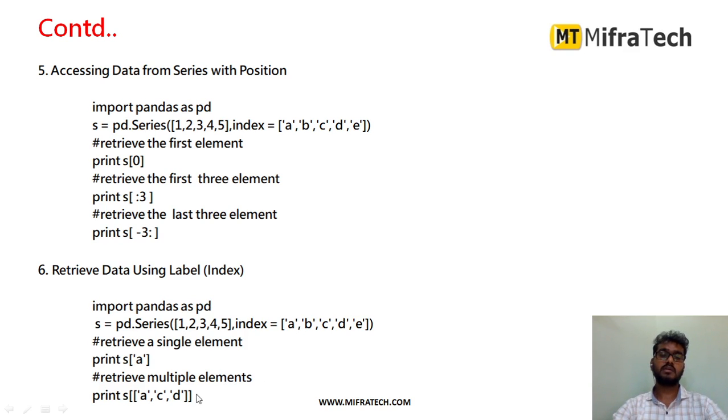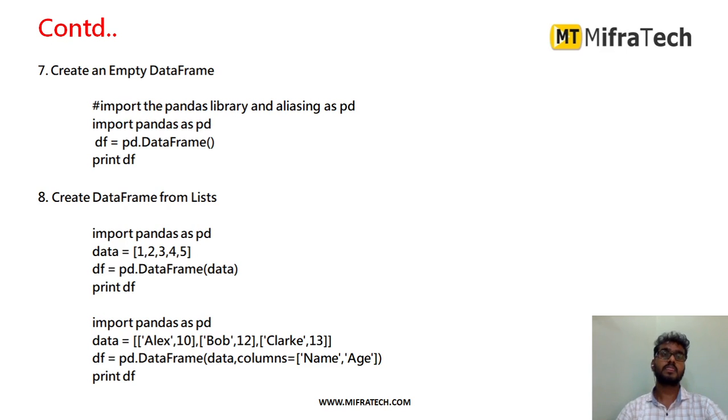Similarly, when you want multiple elements, if you print s of a, c, d, a is 1, c is 3, and d is 4. So we can retrieve or access the data from a series using a label, indexing, or position numbering.